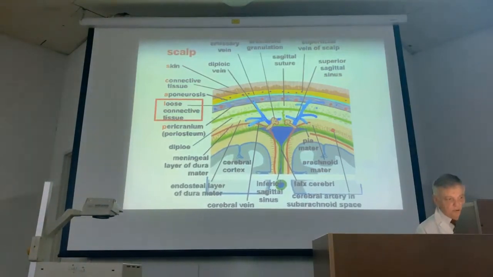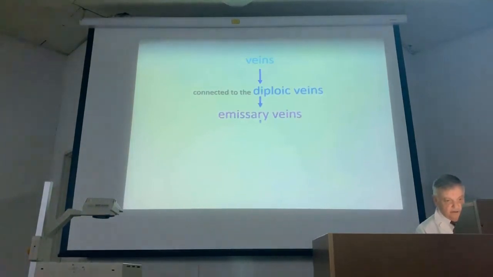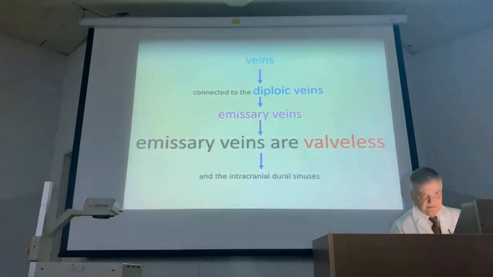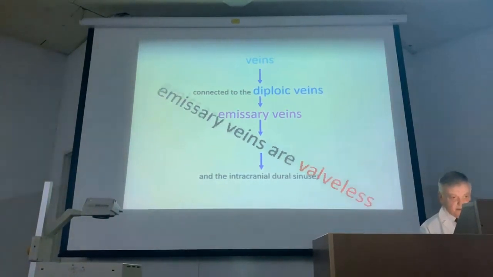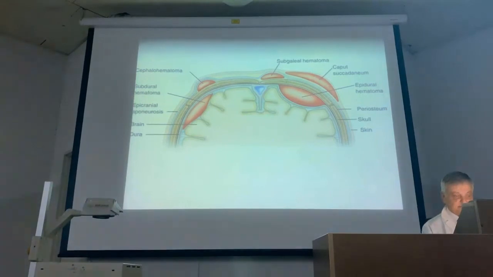And the loose connective tissue has lots of veins, and there are emissary veins that go down to the intracranial dural sinuses. These emissary veins are valveless. That's why they are dangerous, like the veins of the face. Very important: emissary veins are valveless.